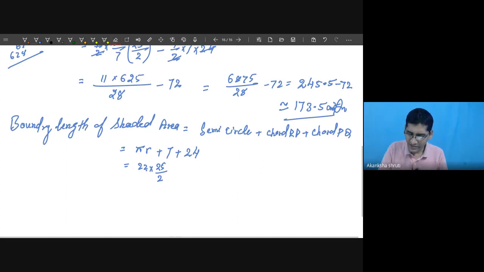Or many a time it is convenient to substitute in decimal form, 3.14, so that calculation is reduced, plus just add it, 31. Get it? Or multiply it by 5, you can get it.